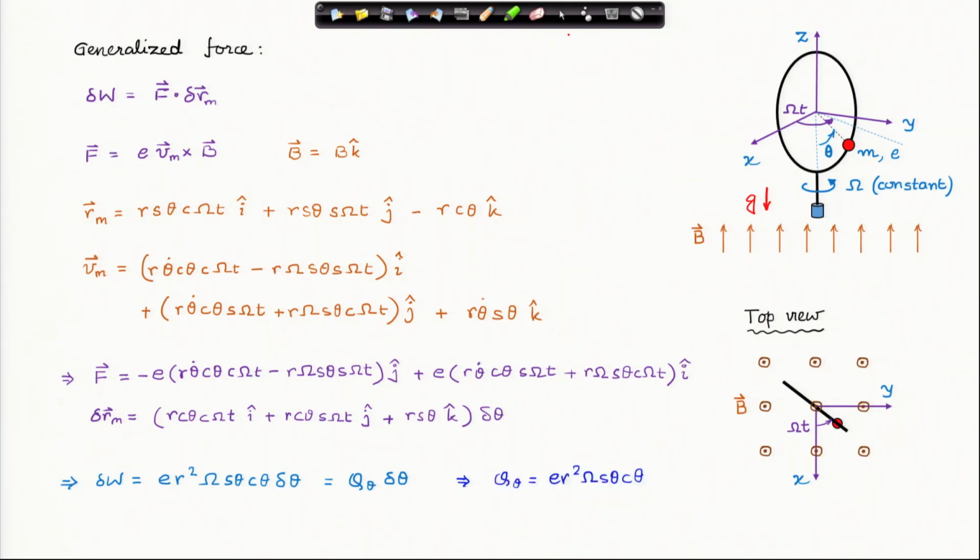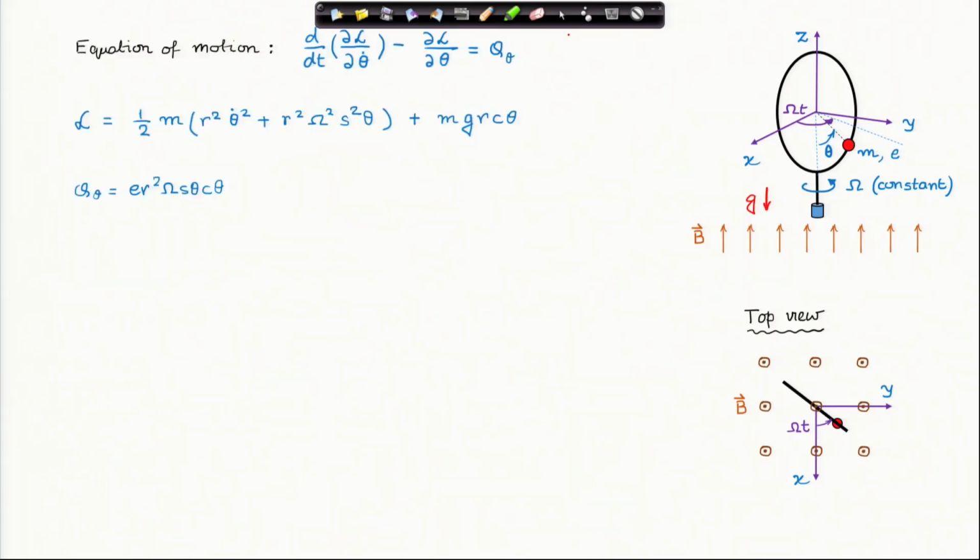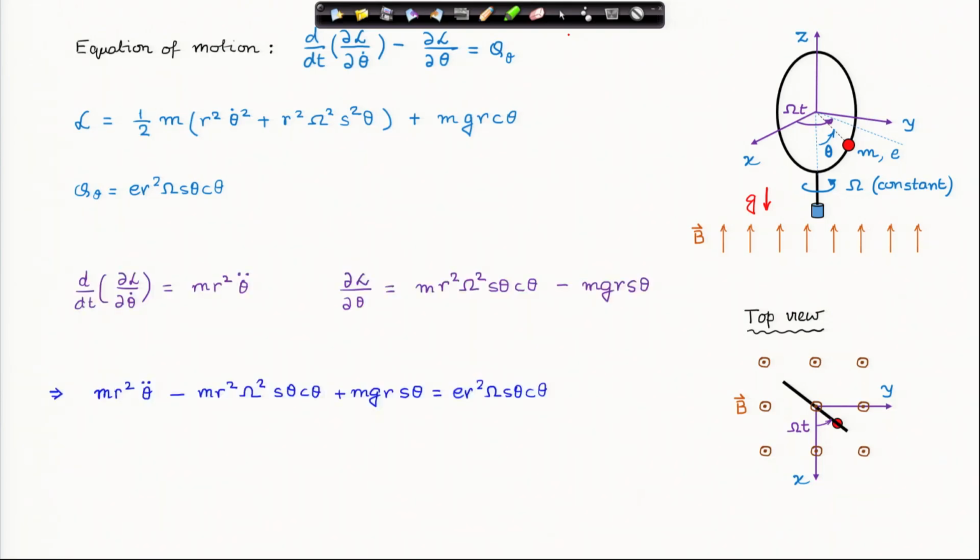Therefore, we read out what is capital Q theta, the generalized force in the coordinate direction theta. And once that is done, the rest of it is straightforward steps. We have to do the partial derivatives of the Lagrangian, and finally, we write down the equation. The right hand side has the generalized force, and we just plug in that expression.